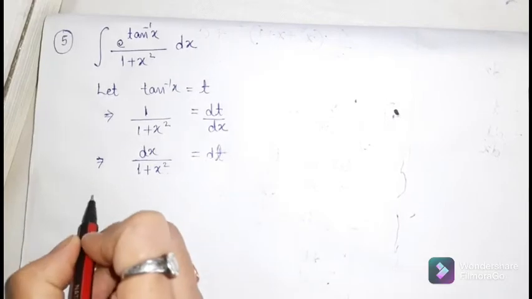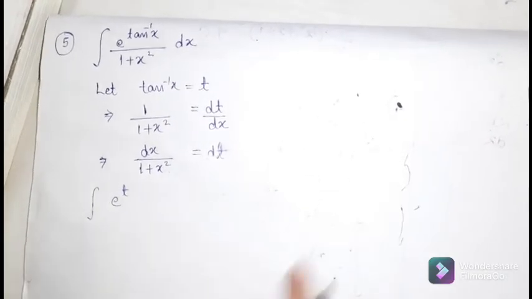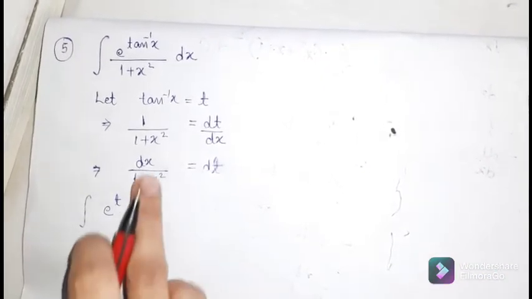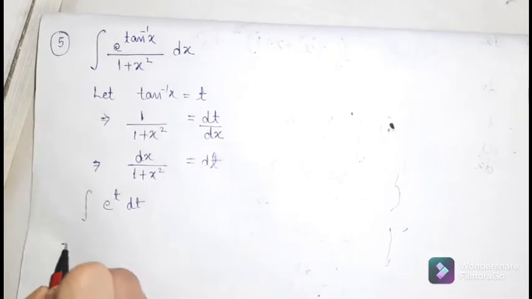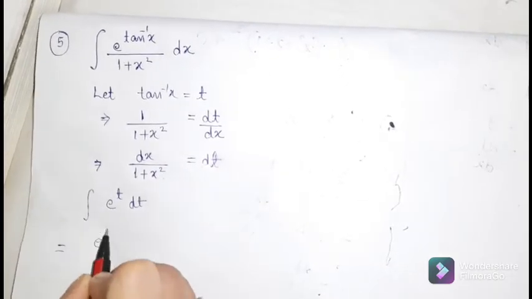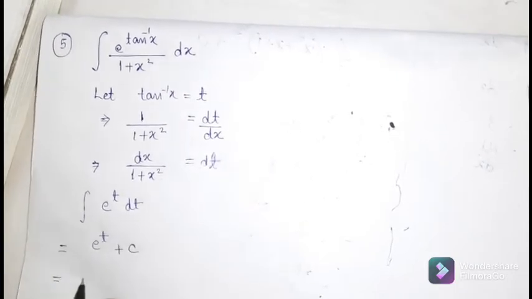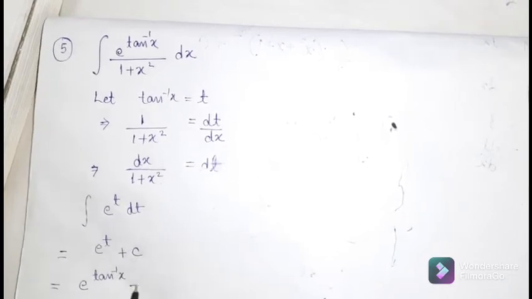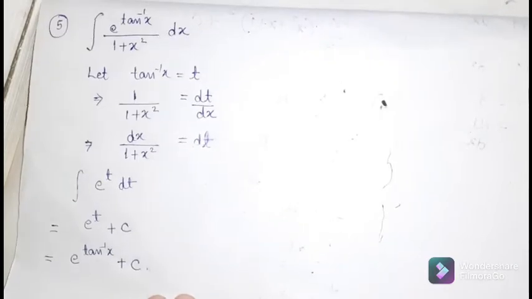Now our question becomes integration of e to the power t, because we have put tan inverse x equals t, into dt, because dx by 1 plus x square is equal to dt. So integration of e to the power t is e to the power t plus c. In place of t we write tan inverse x plus c. So this is the integral value of the given function.